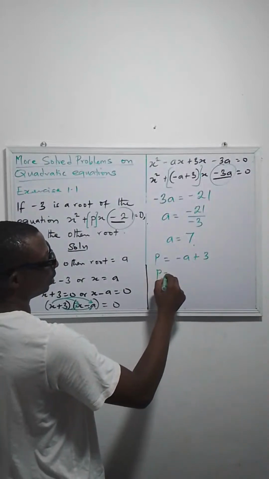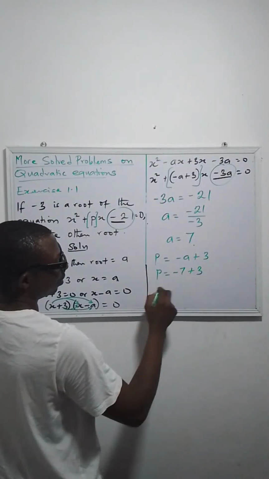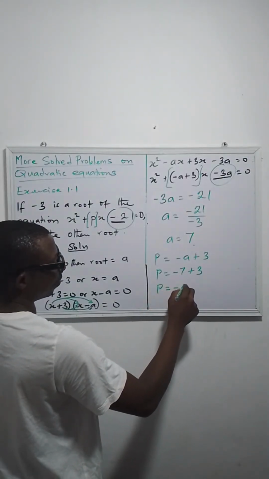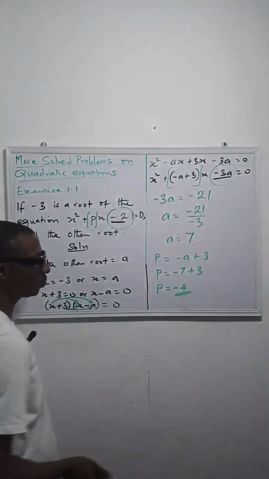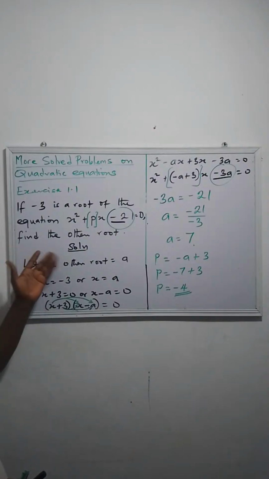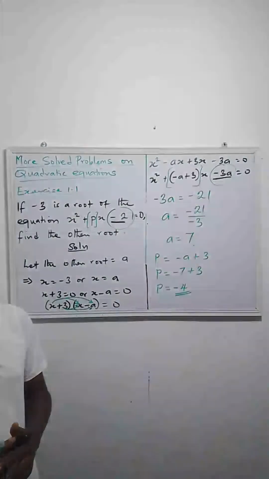And P is negative 7 plus 3. So P equals what? That's negative 4. So P is negative 4, while the other root is a. All right. I want to believe you get that.